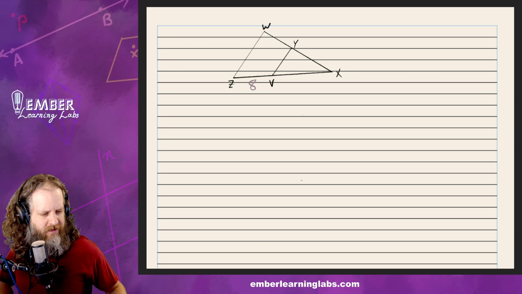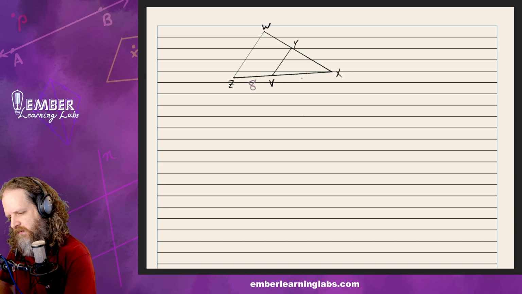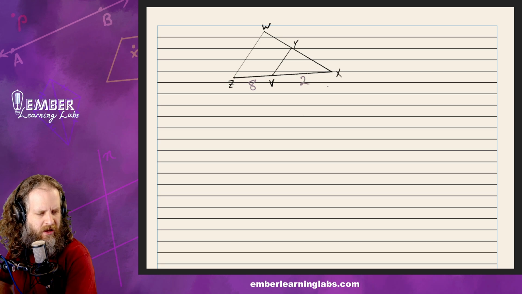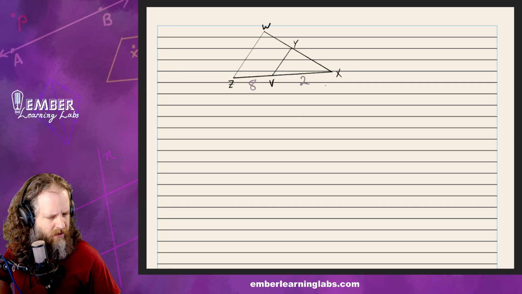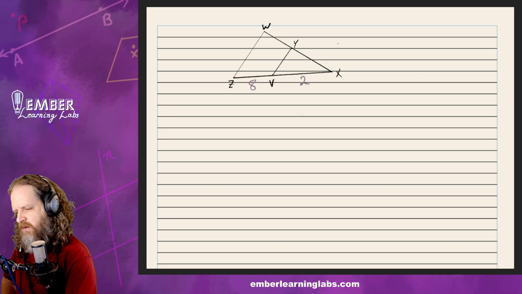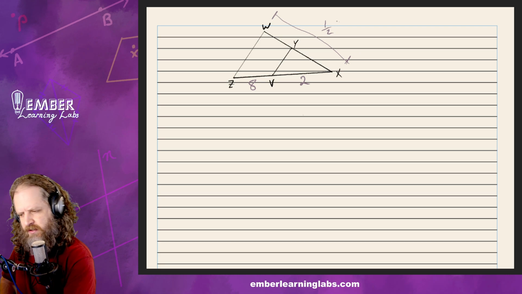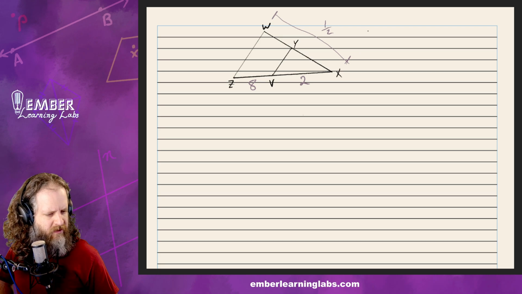ZV is 8, and VX is 2, and YX is this one is 1/2 of W. That doesn't make any sense.